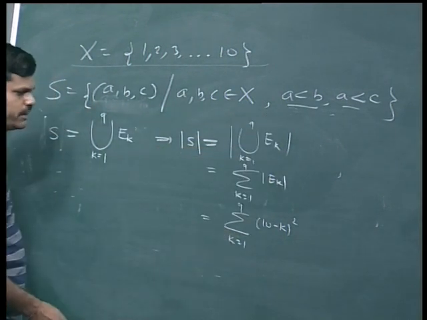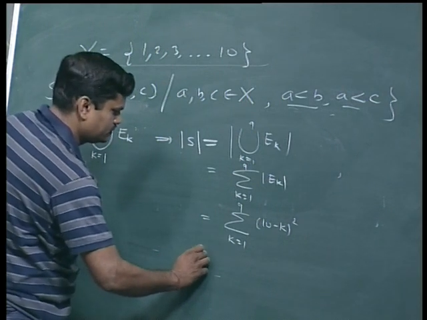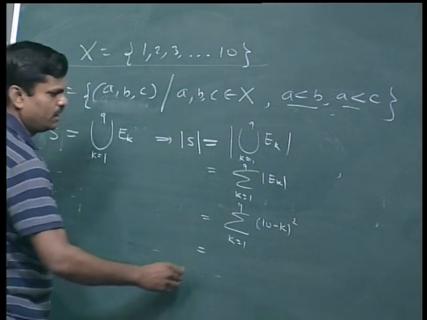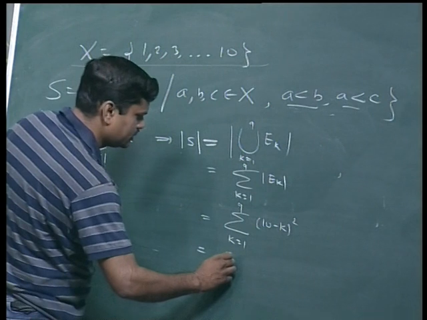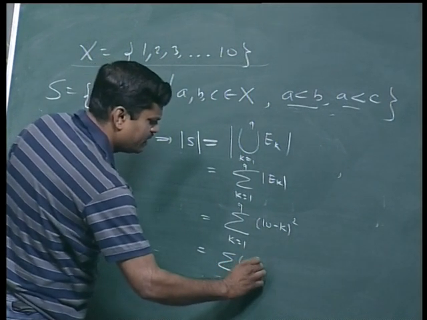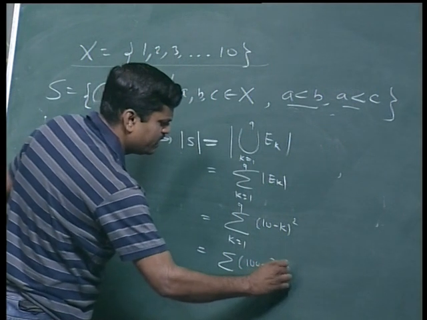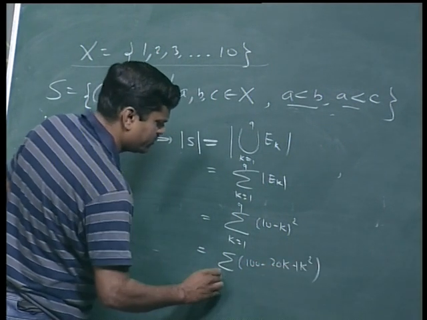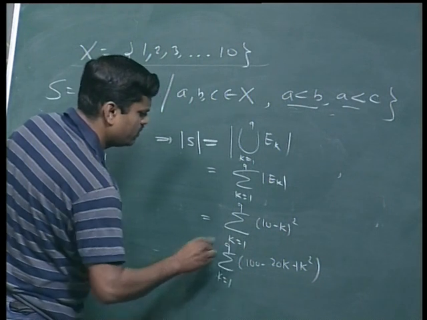Let us compute this value. How to compute this value? This is equal to, you can expand, sigma of 100 minus 20k plus k square, k is equal to 1 to 9.